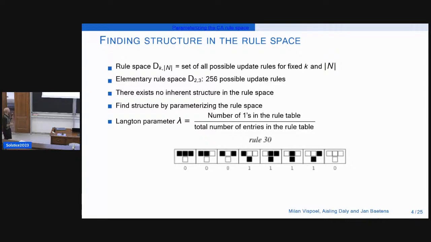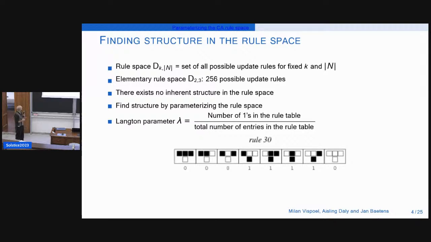But there is no inherent structure in the rule space, so there is no real way to say if rules are close or not. Of course, you can always say they are close if their rule table differs in just one bit, but still that doesn't give you a convenient way to visualize the rule space or give it a phase diagram. And also, it's not because the rule table is similar that the behavior is necessarily similar.